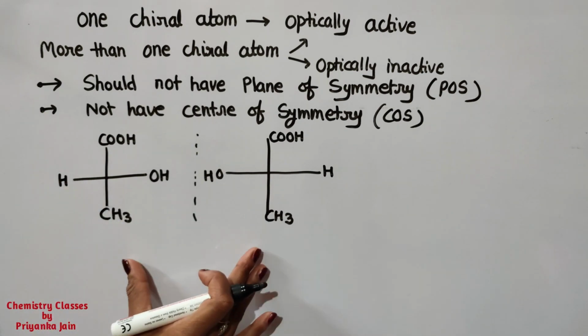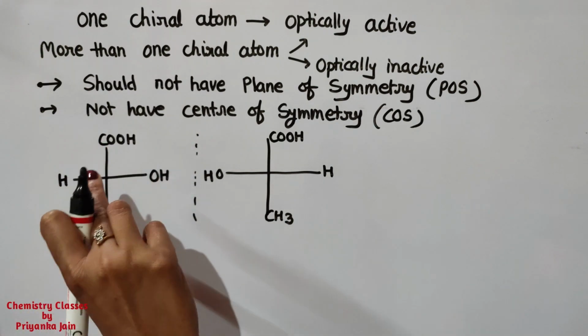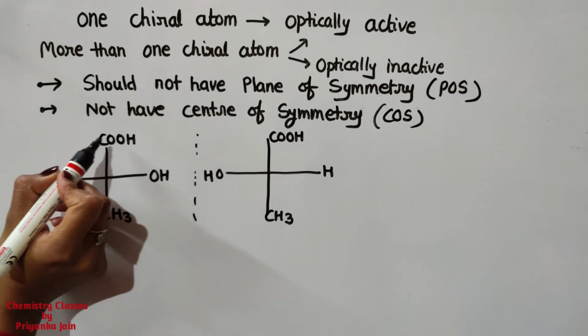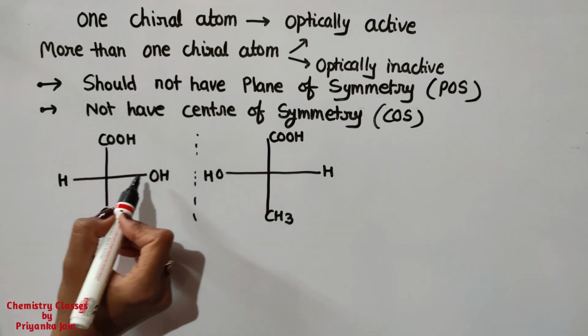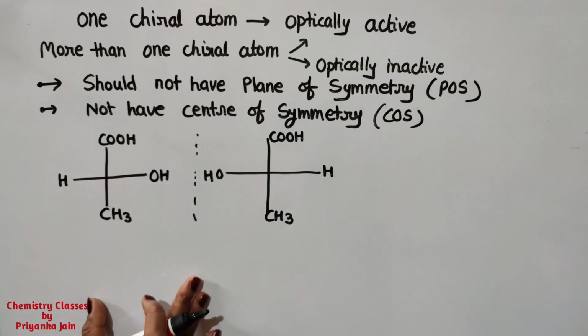Okay, so these are enantiomers, but you can rotate it by 180 degrees. When we rotate it by 180 degrees, what will happen? This group will go here, right, and this will go down. And this will take its place and this will go here, right? So we are getting this type of molecule.